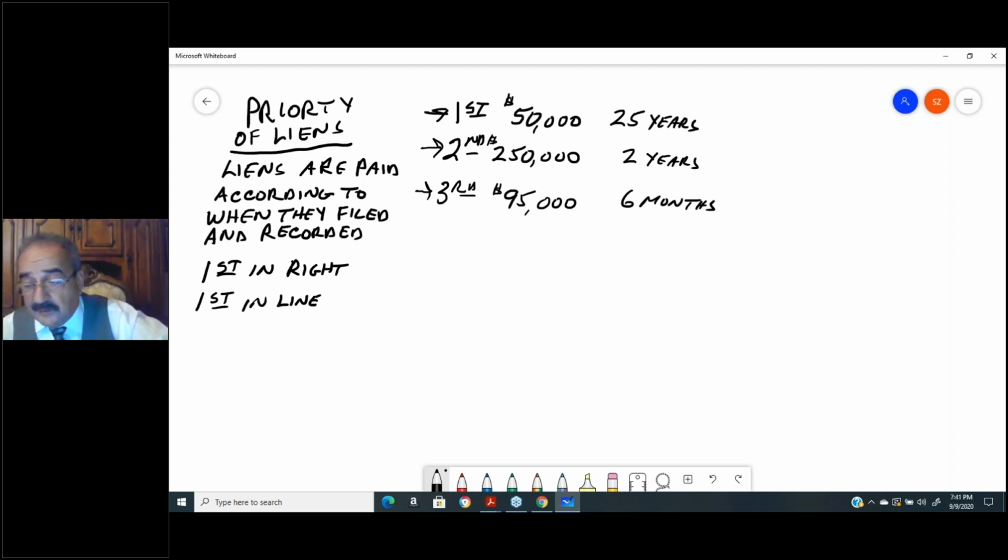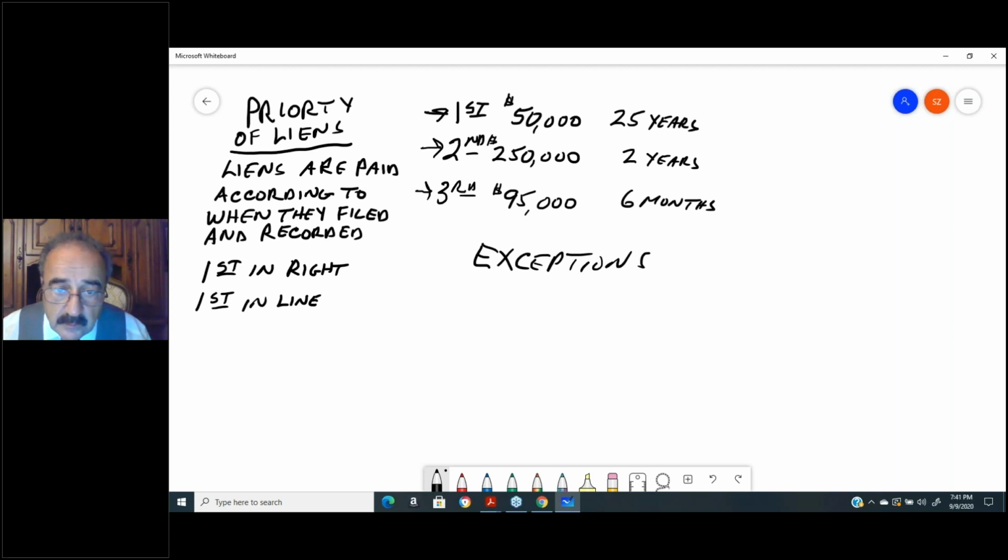Now, saying that, here's what else you need to know about priority of liens. What I just said, there are 3 exceptions. The exceptions are, number 1, property taxes.